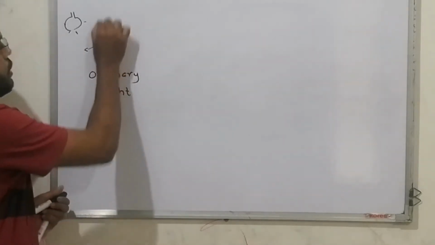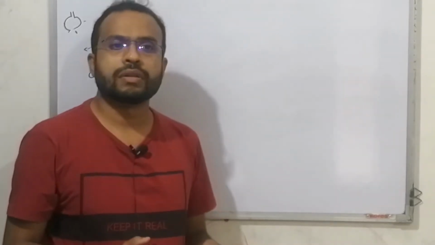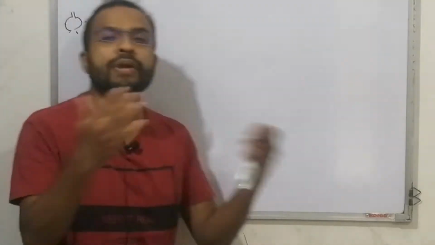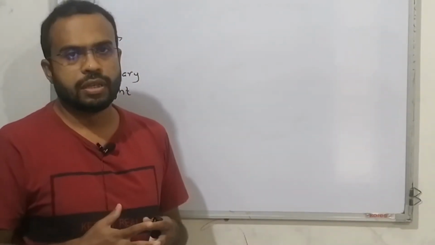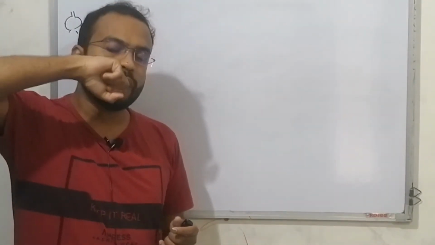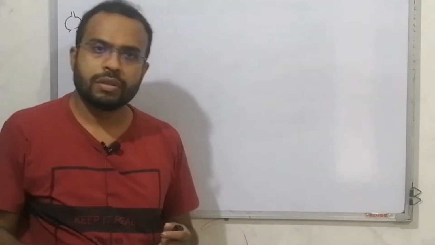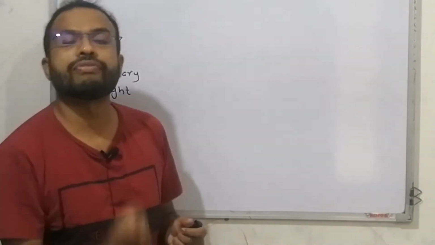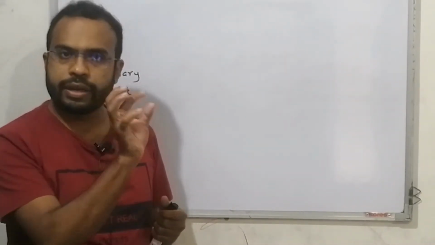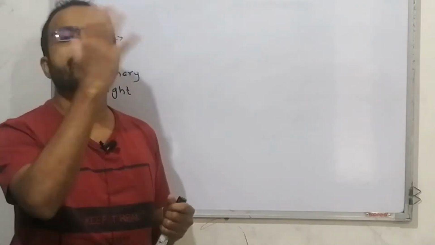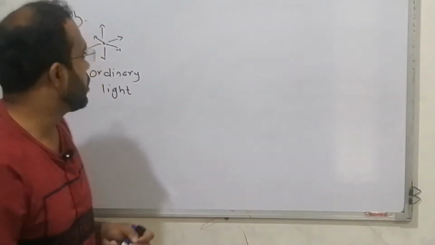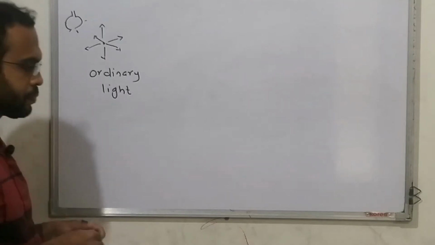These are the radiations or light rays which are propagating in all directions. Suppose you hang a bulb in a room, you will get the light in the entire room, not only in the direction of hanging. You will get the light in every direction because light radiations are propagated in all directions. That is the ordinary light.